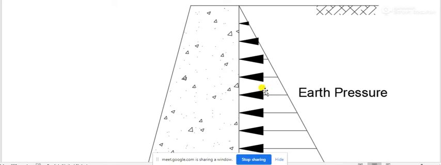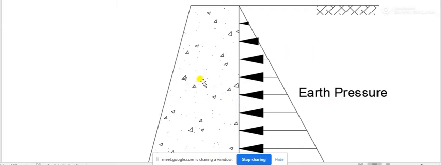That means when this wall tends to move towards this direction, but beyond the elastic condition or beyond the proportionality condition, then this condition is called plastic equilibrium. But please remember that "tends to move" means there is no movement; the wall or the soil is on the verge of the movement.